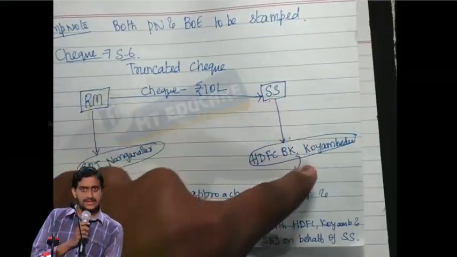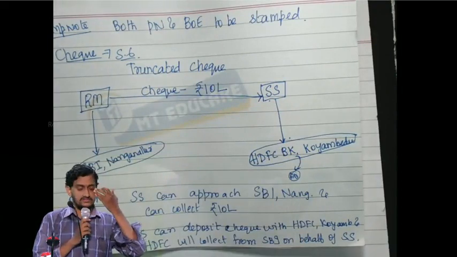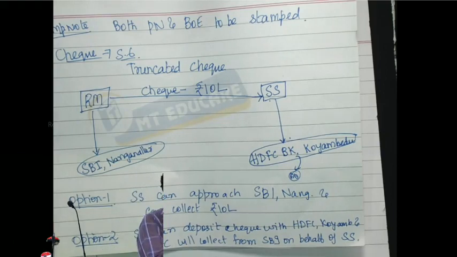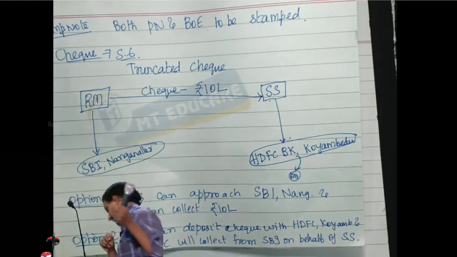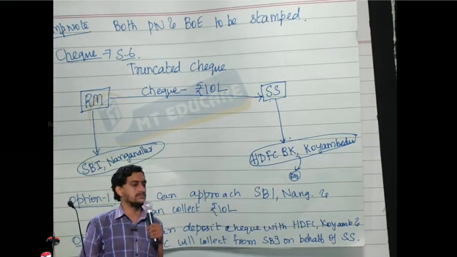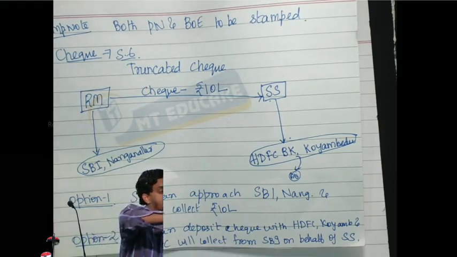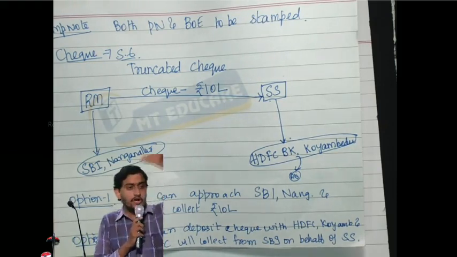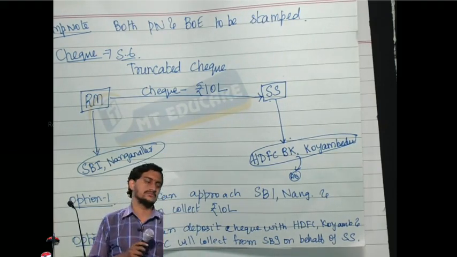Suman sir is sending the check for collection through whom? Everybody participate. Now what can HDFC Bank do? Either HDFC Bank itself can collect from State Bank of India, or HDFC Bank can send it to its agent for collection. Here, HDFC Bank itself is an agent for Suman sir.